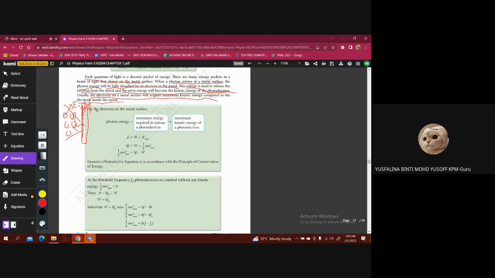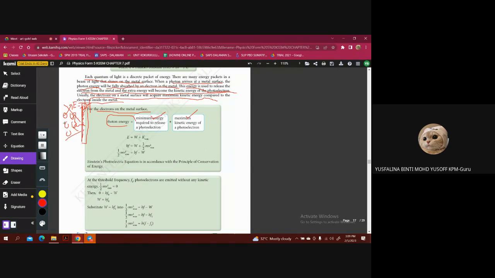So for the electrons on the metal surface, the photon energy is equal to the minimum energy required to release a photoelectron, plus the maximum kinetic energy of the photoelectrons. The photon energy that strikes the metal surface equals the energy used to emit the photoelectron.